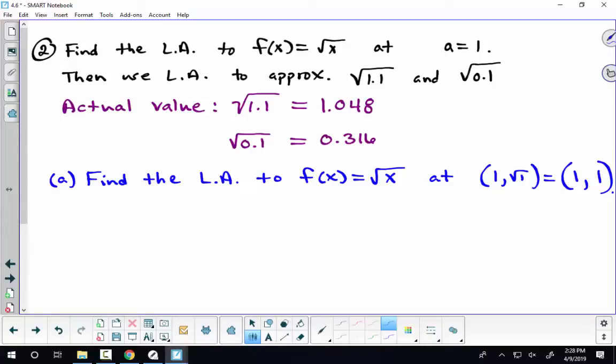To approximate the square root of 1.1, you plug in that number. Okay, so the linear approximation is what this line here approximates, this function.